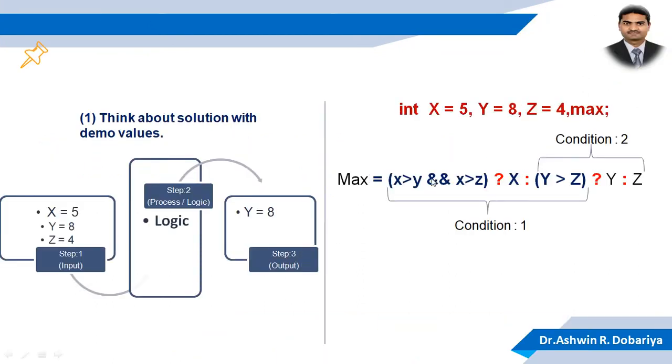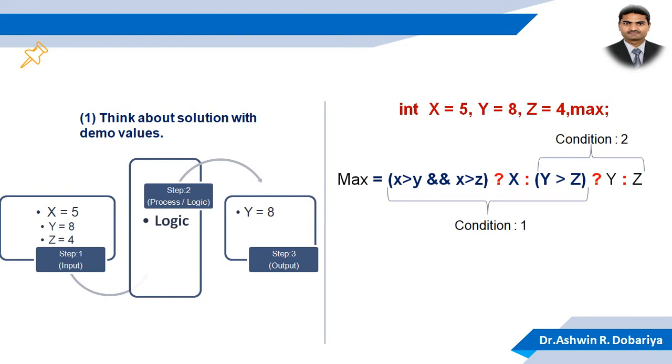Generally, the ternary operator means an operator which has 3 operands. Suppose this is the first part, after the question mark there is the second part, and after the colon that is the third part. So in that way ternary means 3 operands. Generally operators are unary, binary or ternary, 3 different types.